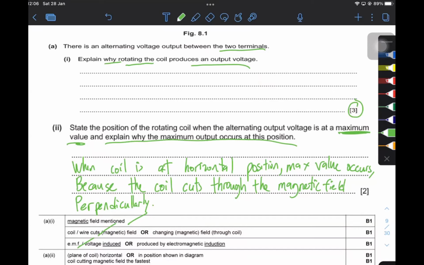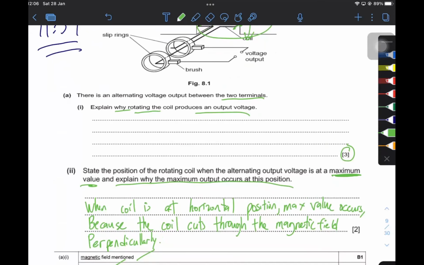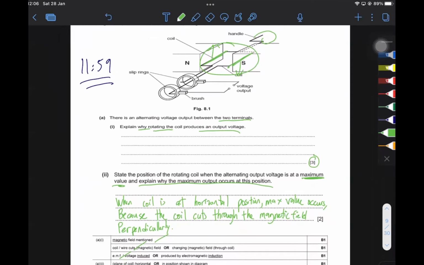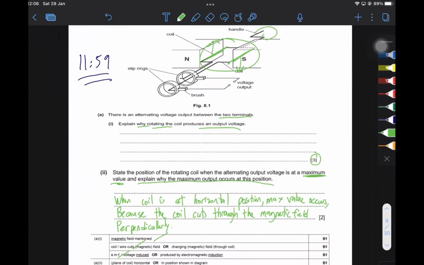Raj, I think your answer is wrong for the second one. What do you mean half a rotation? At this current position, it generates the maximum. Half a rotation is vertical. If it goes half a rotation, it will be exactly this same position here.